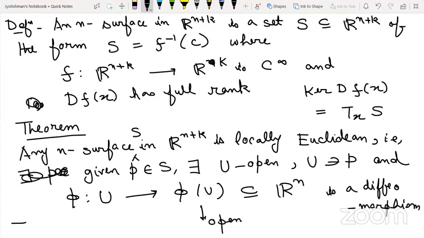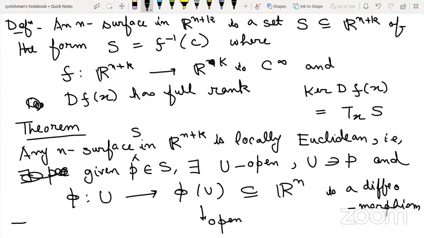So locally, my set looks like some Euclidean space, and that's what helps me to develop my calculus, and then the notions of vector fields and geometry.